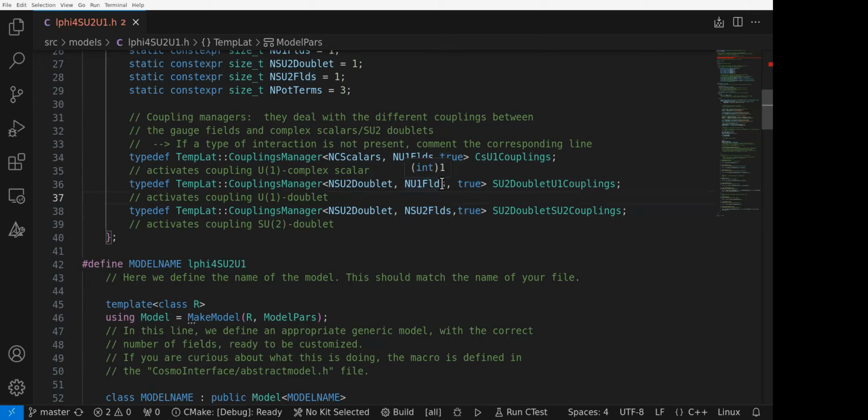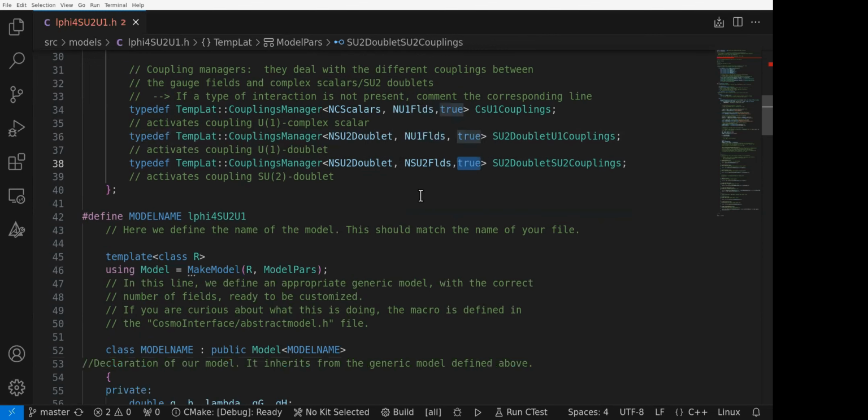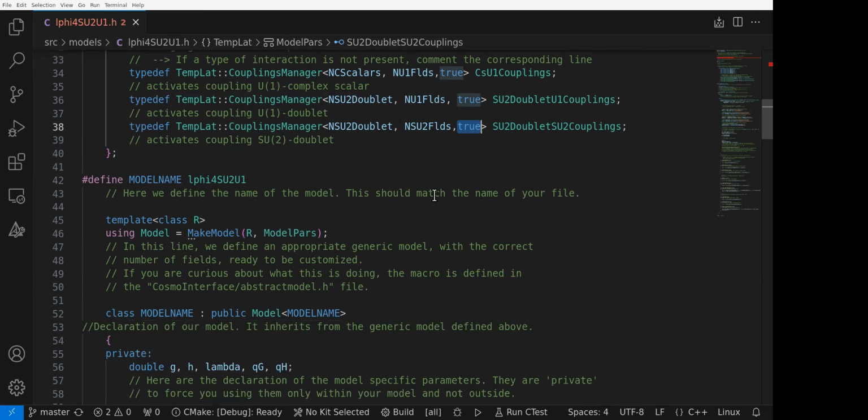The fact that it couples to U1 just comes from the fact that they are two charged scalar fields. U1 is going to see them as two charged scalar fields that have the same charge, and you need to say whether they couple to it or not. Then you also need to say whether they couple to SU2 or not, which probably you want, but maybe you don't.